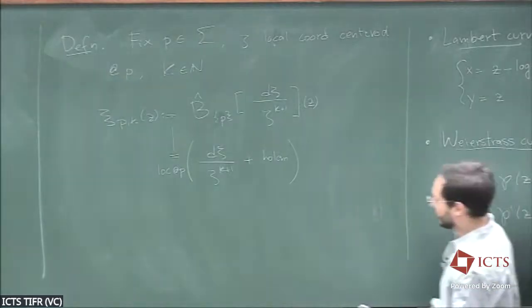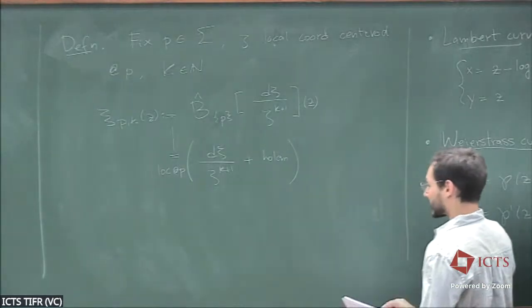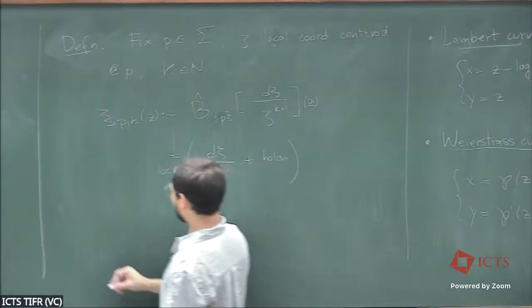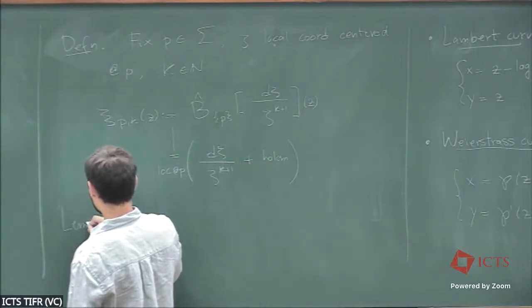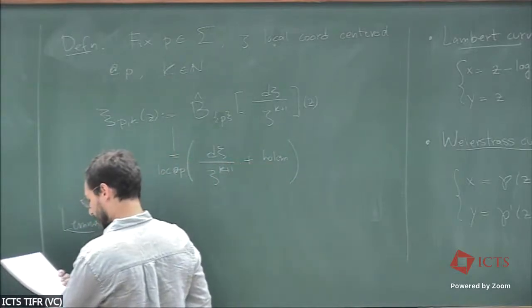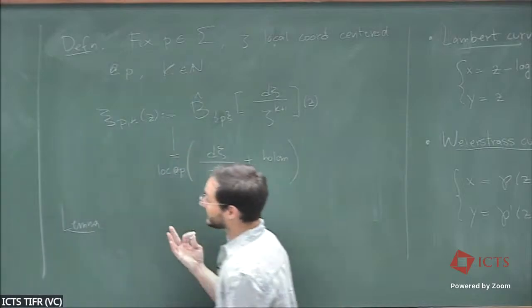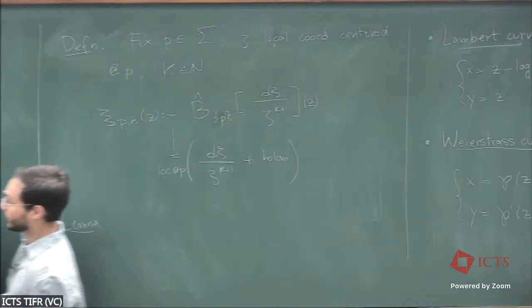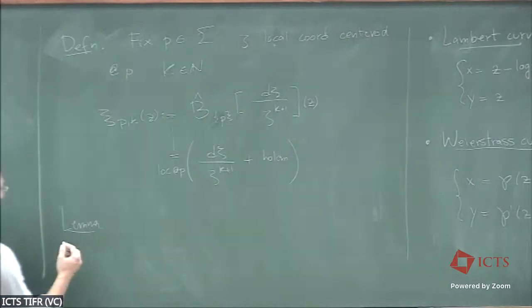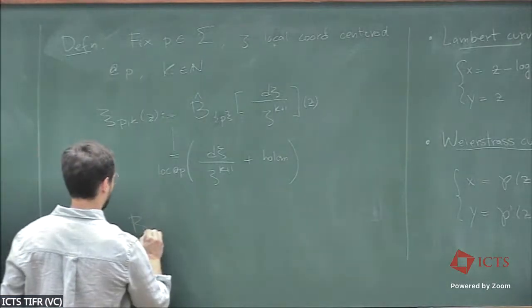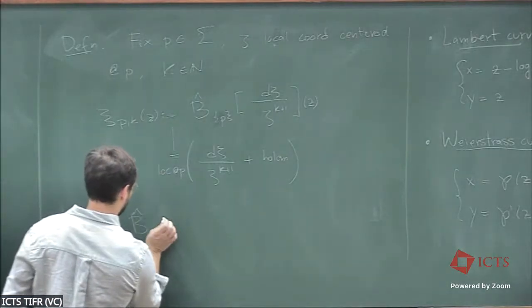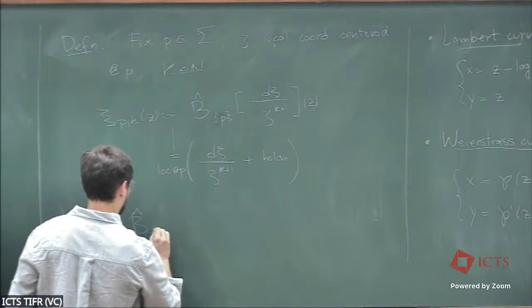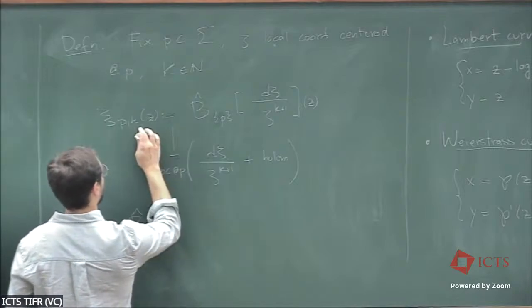One reason for caring about this is the following interesting lemma. Whenever I fix a meromorphic one form alpha, I can express B hat of that one form in a basis given by these differentials.